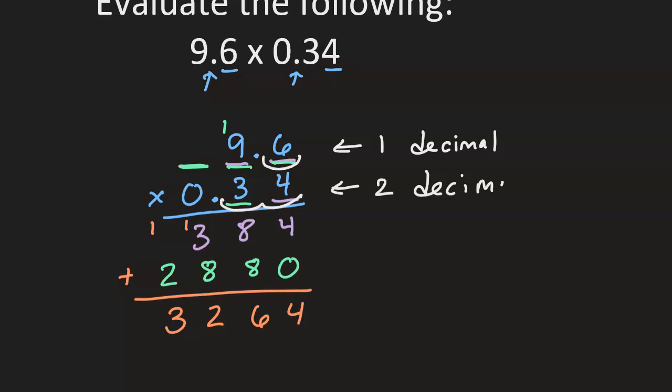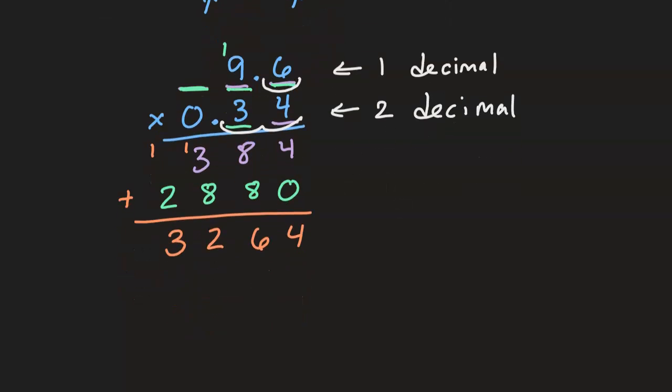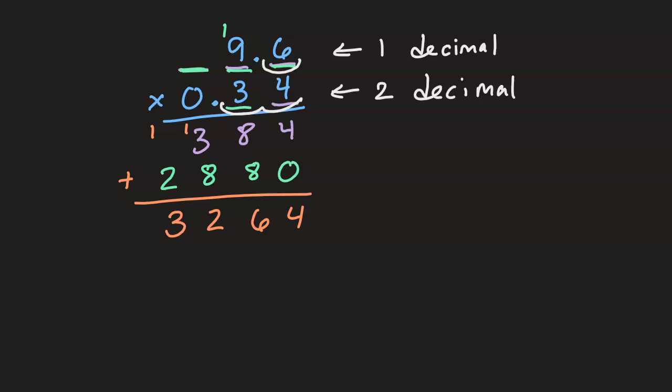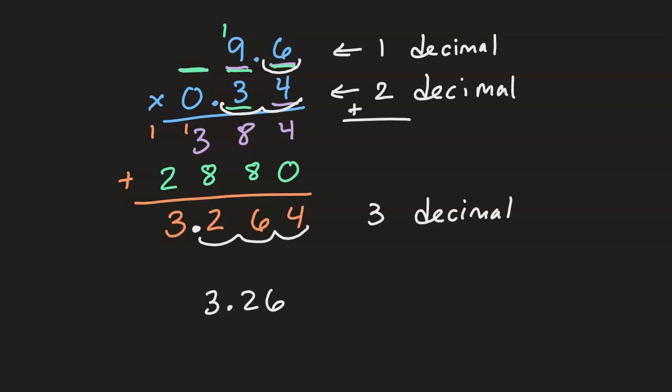To figure out how many places we move the decimal over in our final answer, we take these two decimal places and we add them together, and we get 3 decimal places. So from the right, we go 1, 2, 3. So our final answer is 3.264. And we're done.